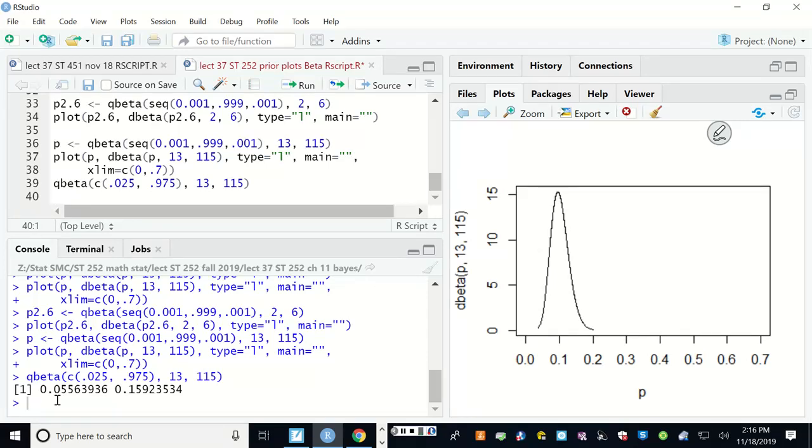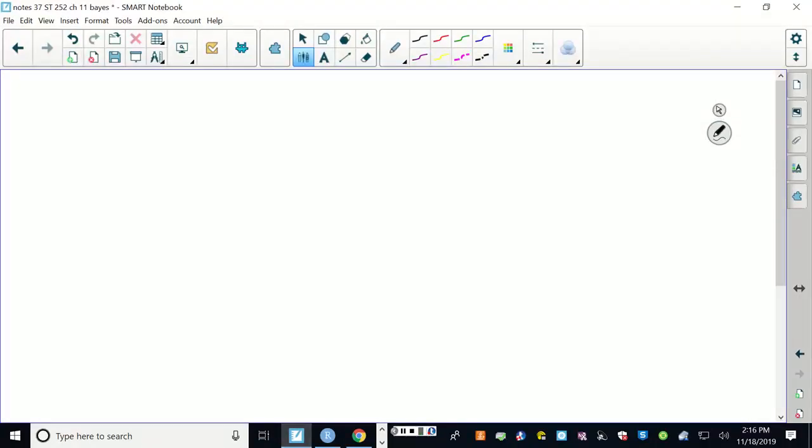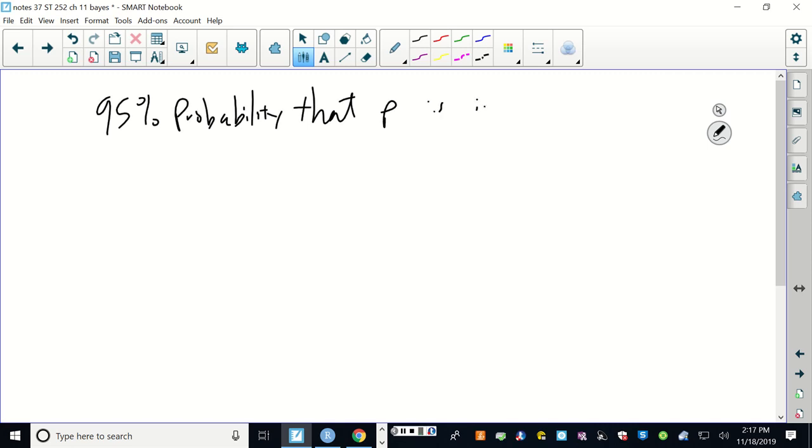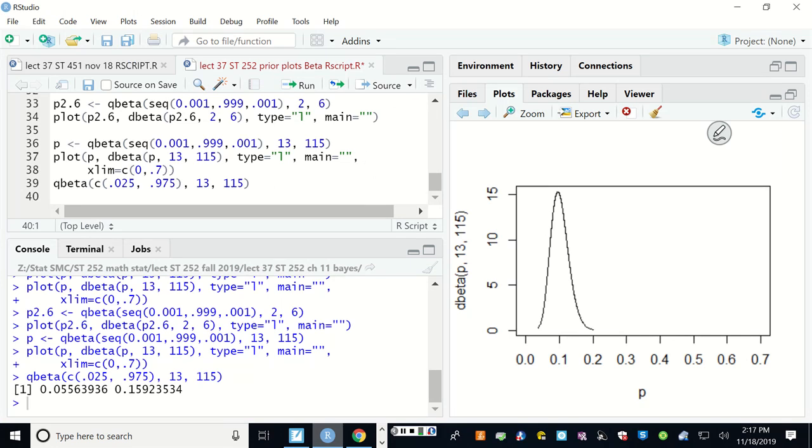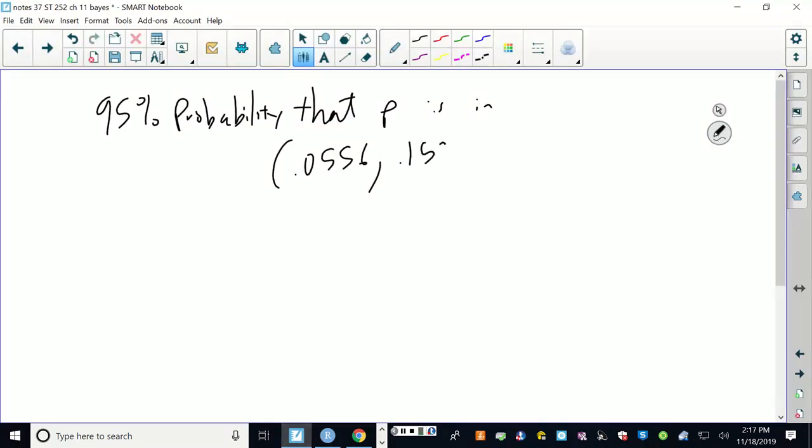So 95% probability that P is in this interval, 0.0556 up to 0.159. Right, and so that's where the probability is.